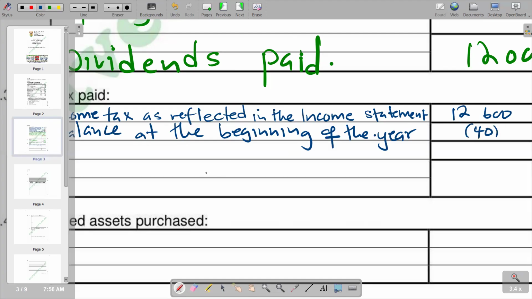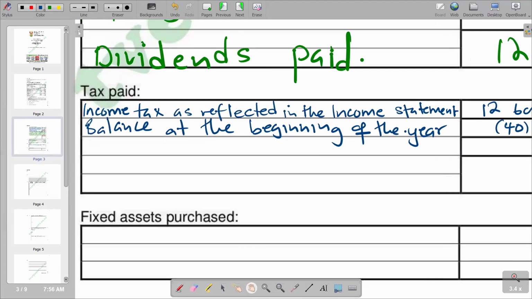And then from there, we also include the balance at the end of the year. For our balance at the end of the year, we refer back again.